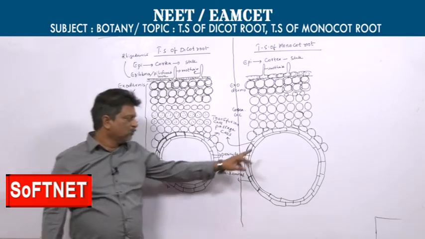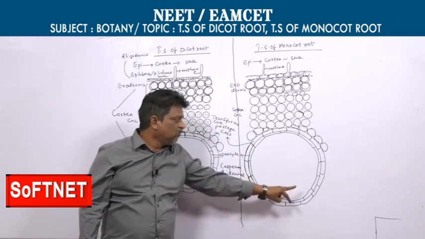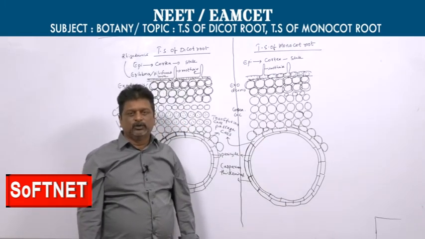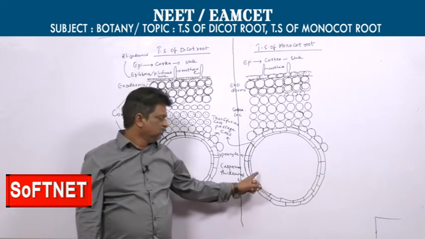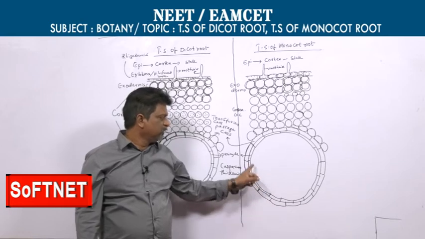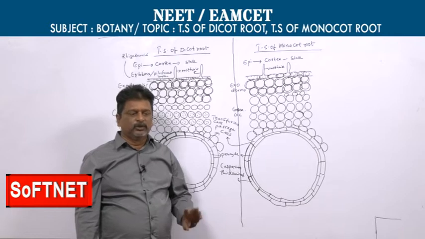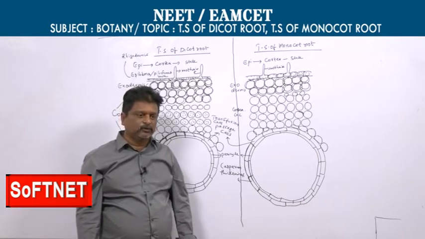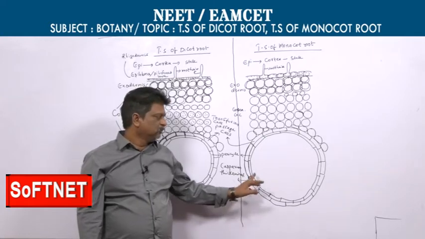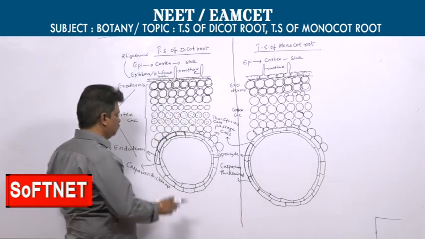But in old monocot root, due to deposition of lignin, this pericycle becomes sclerenchymatous. So it does not show any differentiation or dedifferentiation, cambium is not formed, and secondary growth is absent. This is pericycle.